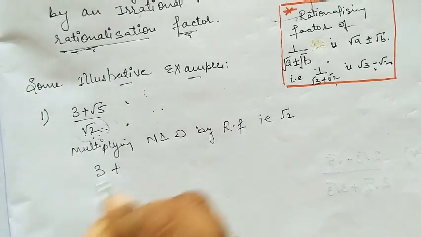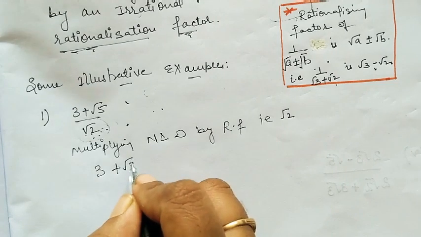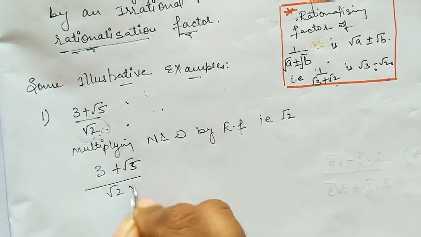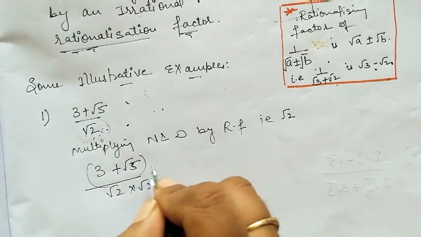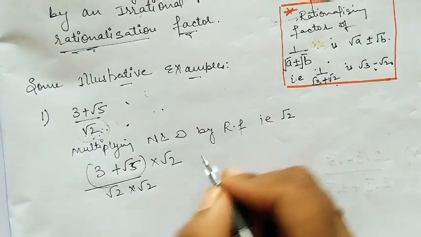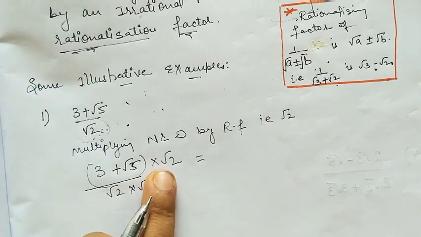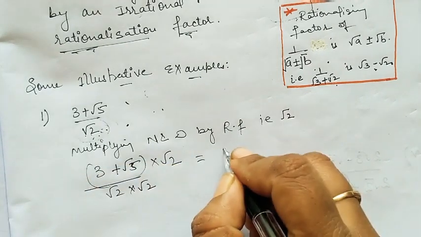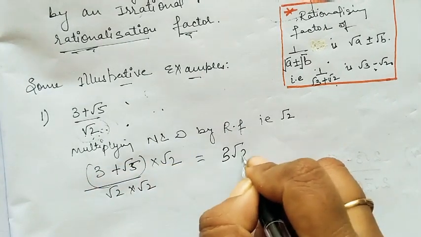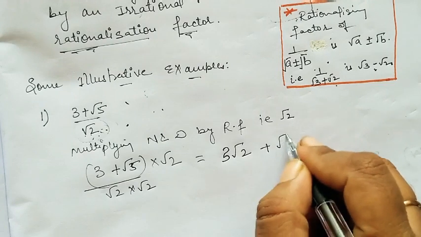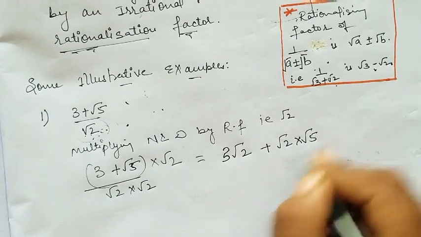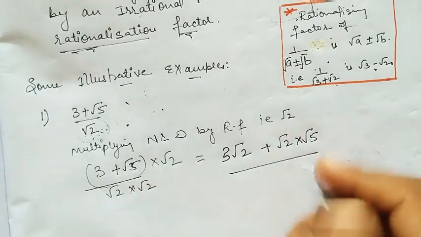So from here we get root 2 into root 2 in the denominator, and in the numerator we are multiplying by root 2. Root 2 into 3 is 3 root 2, plus root 2 into root 5, upon root 2 into root 2, which is 2.